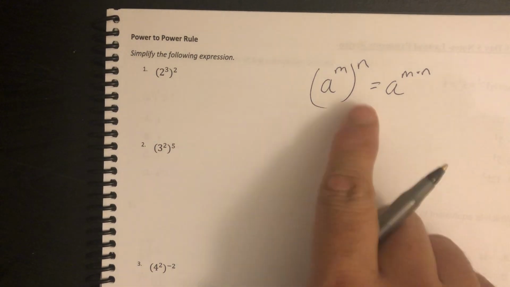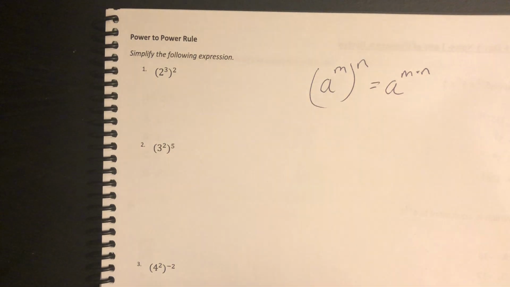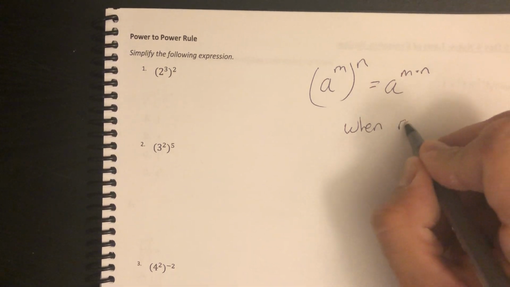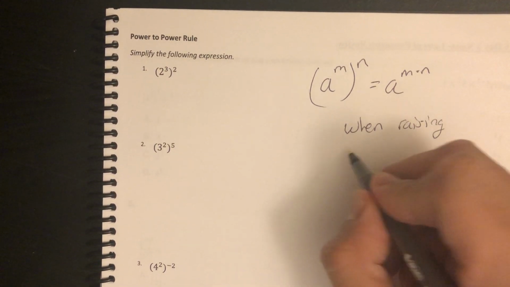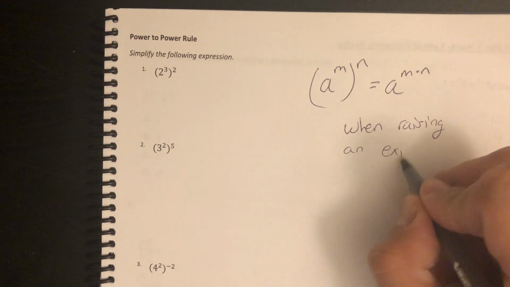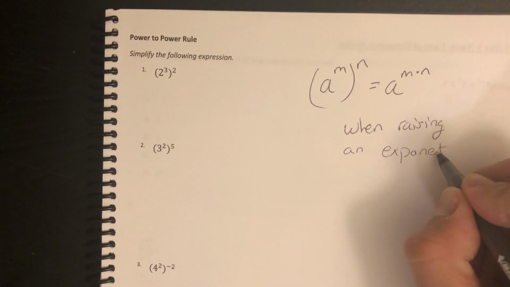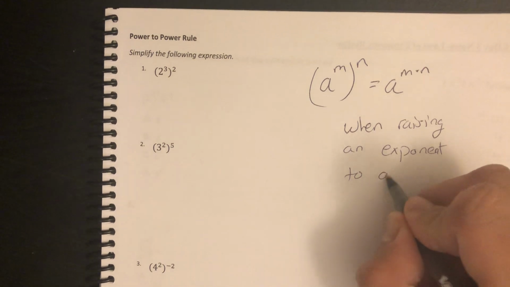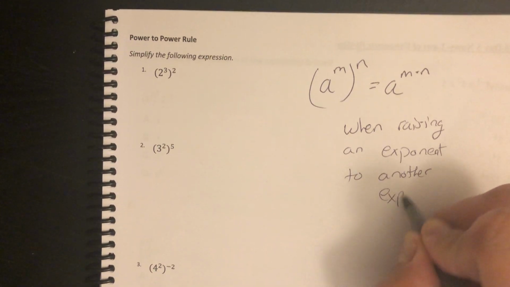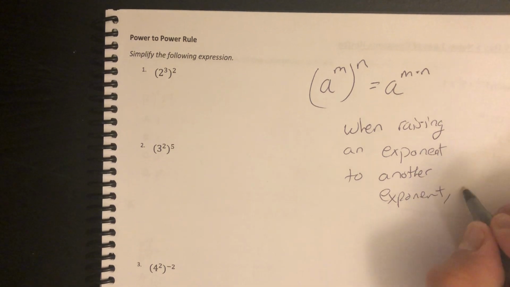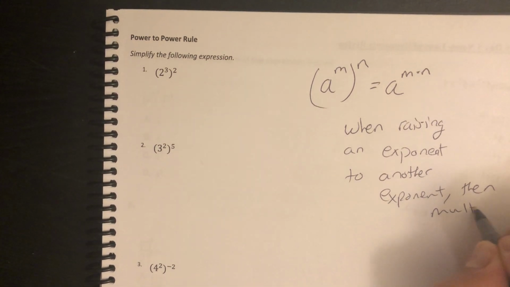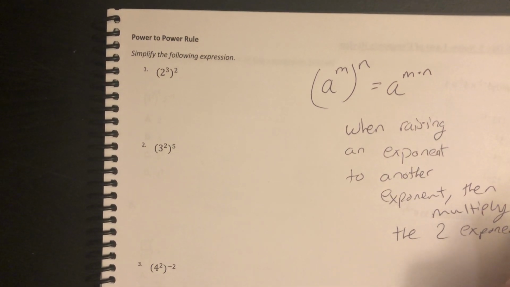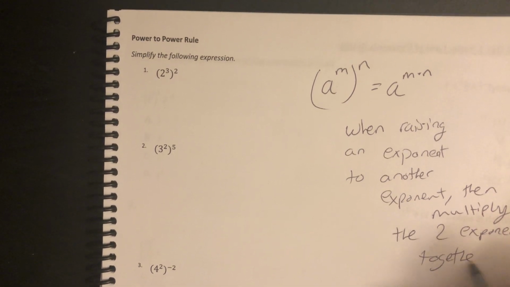So in case you're having a hard time understanding what's going on here, let me go ahead and write a small statement. When raising an exponent to another exponent, then multiply the two exponents together.